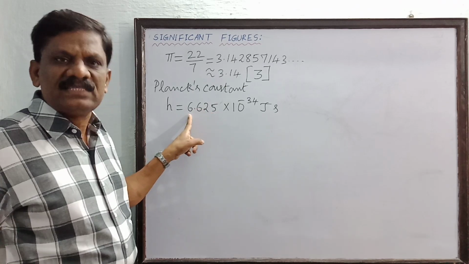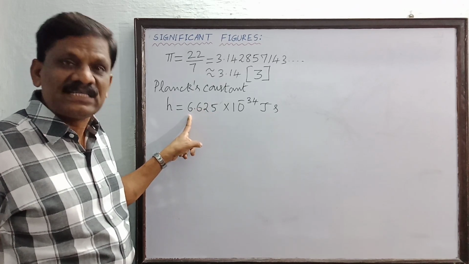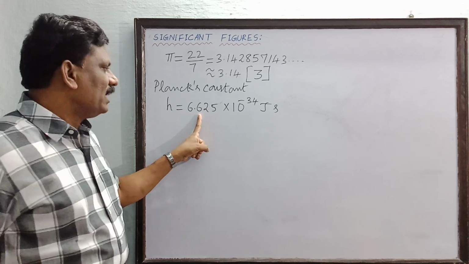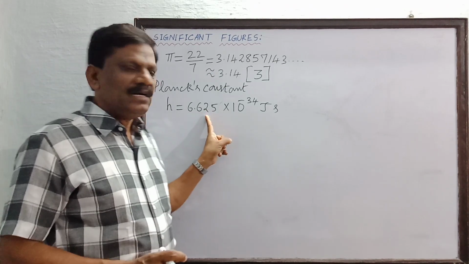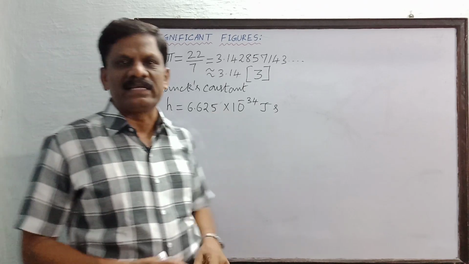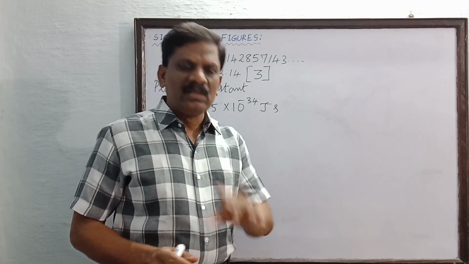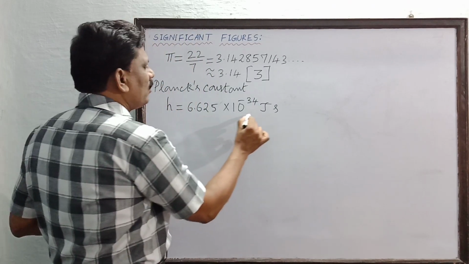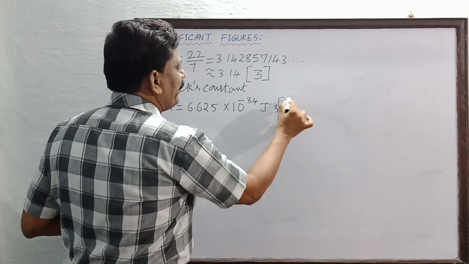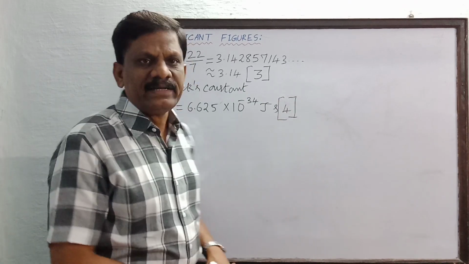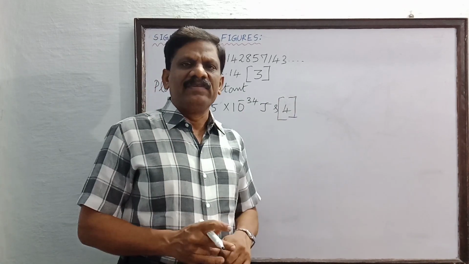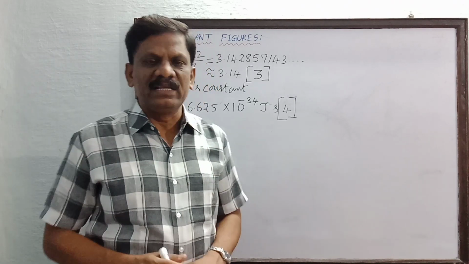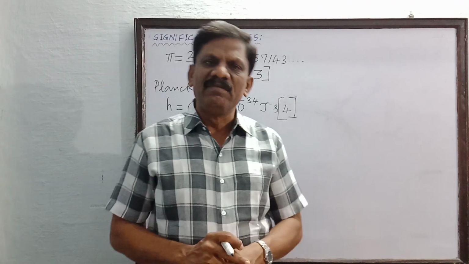The first digit 6 is significant; it is certain. The second digit after the decimal, this 6, is also certain, and this 2 also is certain. But the ending number 5 is uncertain. Including that, all the 4 digits have some significance. So this number has 4 significant figures. Like that, the total number of significant or meaningful digits in a number are called significant figures.